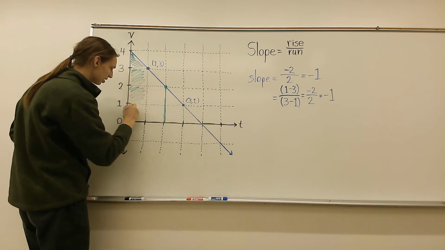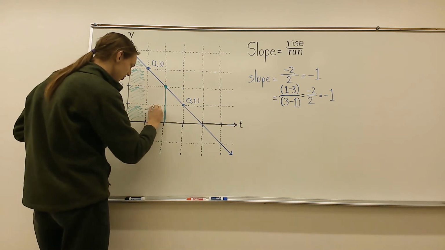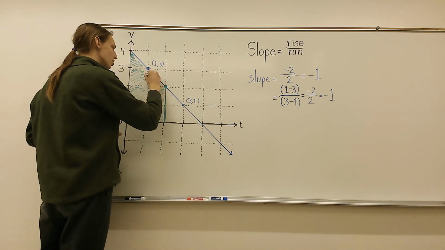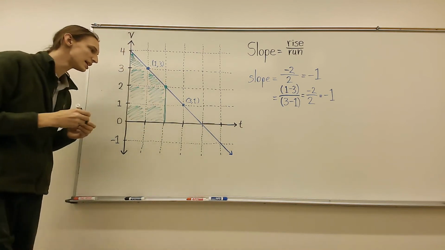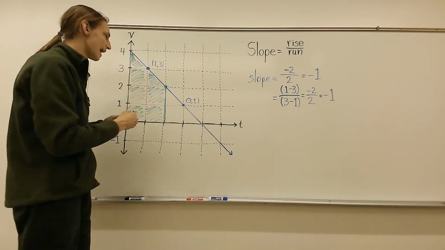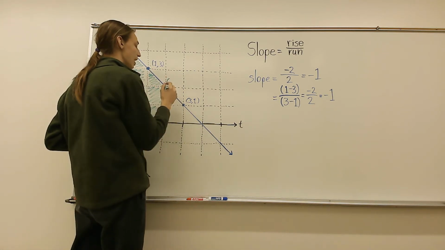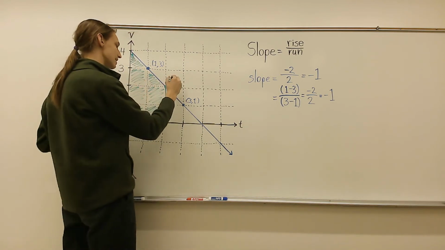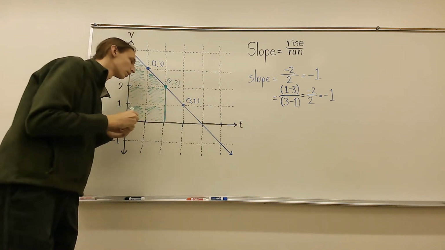So I'm going to shade in all of these squares here, as well as the little triangles. So this shaded green area is the area under the curve at the time t equals 2. And the y-coordinate for that is also 2.